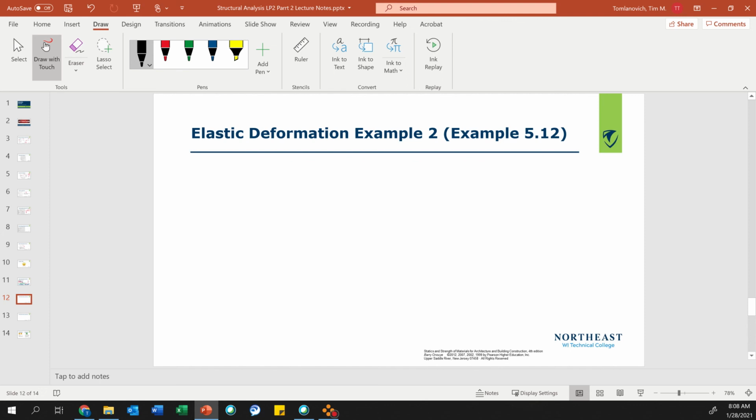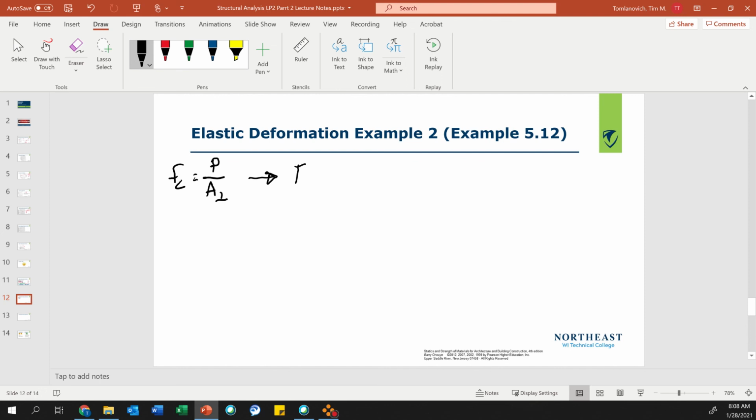Okay. So F prime C equals load divided by cross-sectional area perpendicular. However, we're going to conform this.